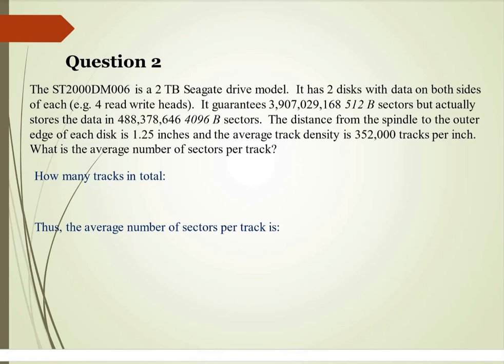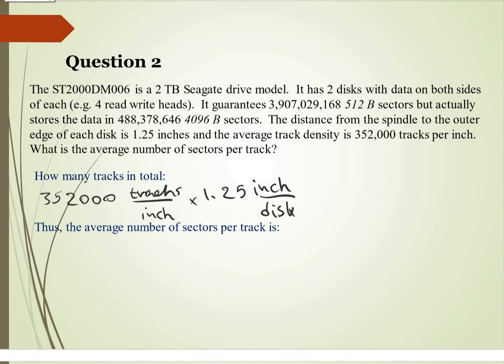So the first thing that we want to do is to know how many tracks exist in total. We know that there are 352,000, the unit is tracks per inch, and we know that the space is 1.25 inch per disk.